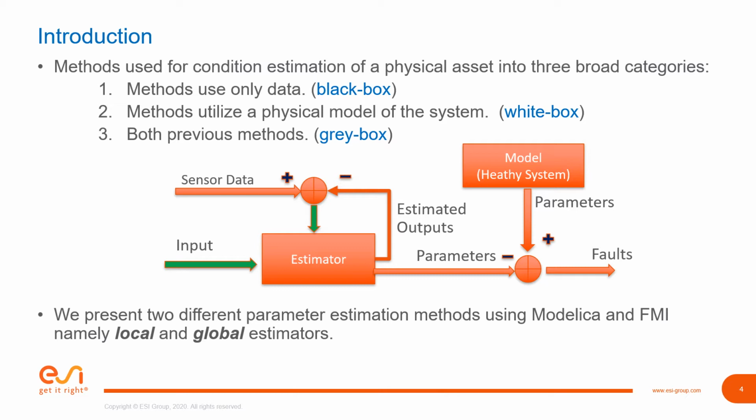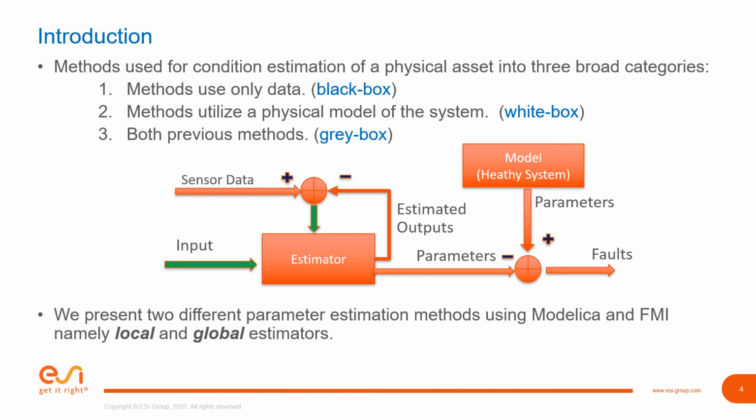So we have here a diagram about estimating or defining faults using model based methods. We can see here we have state estimator. The state estimator has the same input of the physical system. The state estimator will produce output, estimated output.